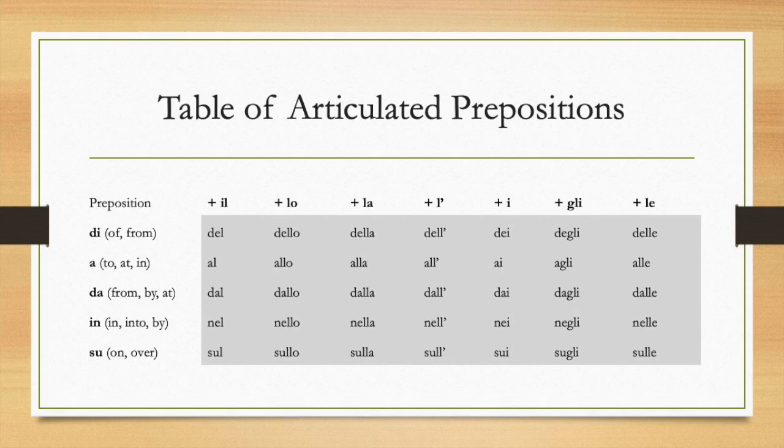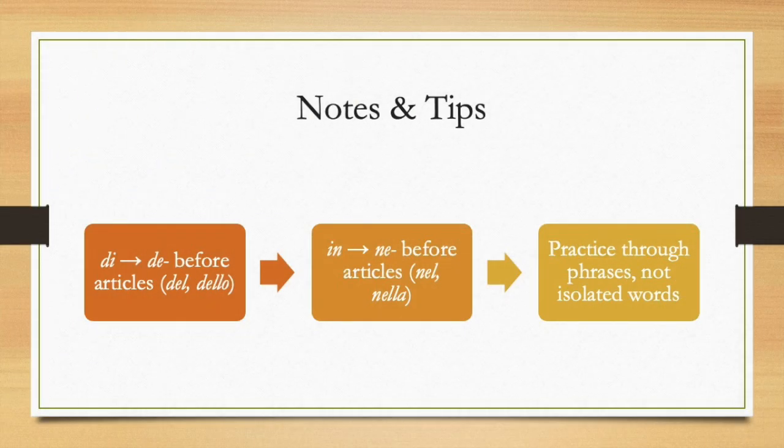This table shows how each preposition combines with the definite articles. The forms may look overwhelming at first, but as you can see, they follow predictable patterns. Now, a final note. When di combines with an article, di becomes de.